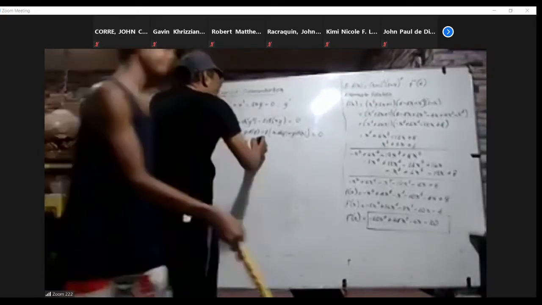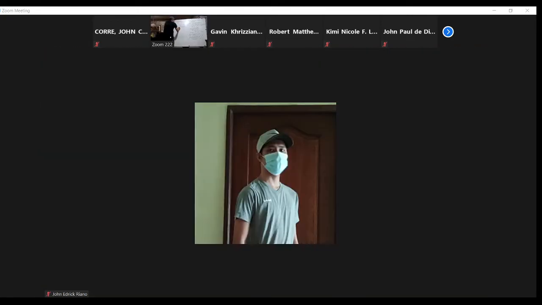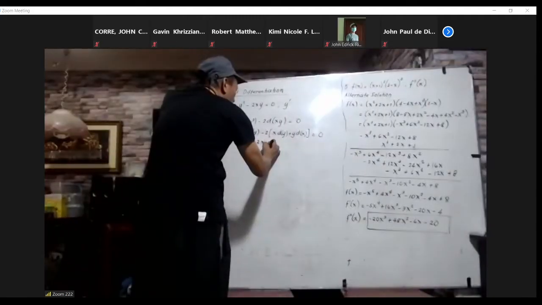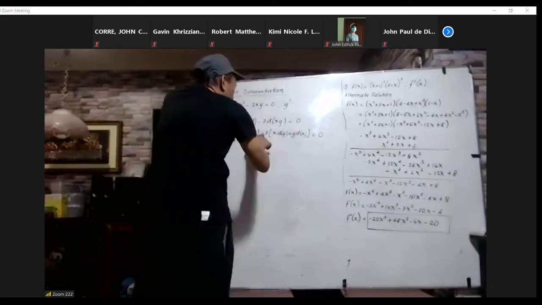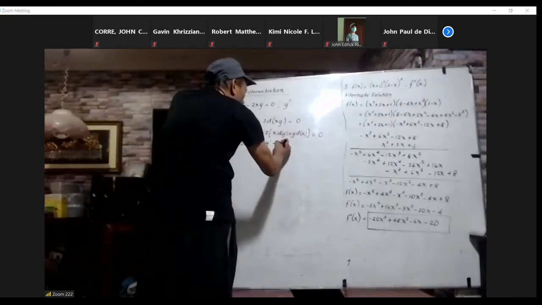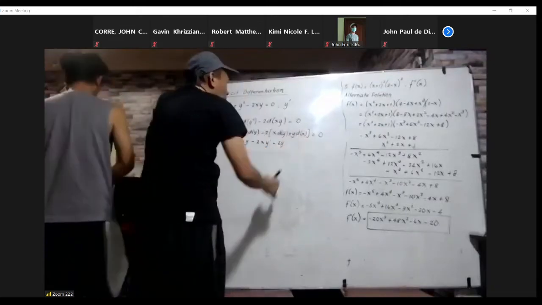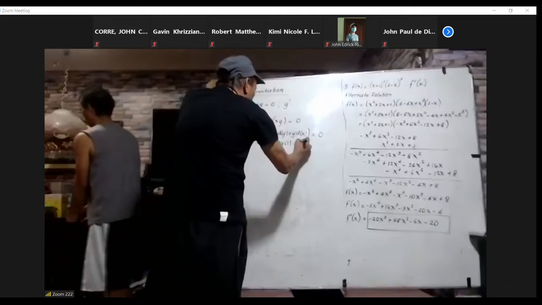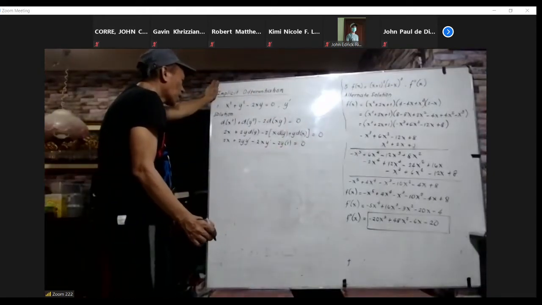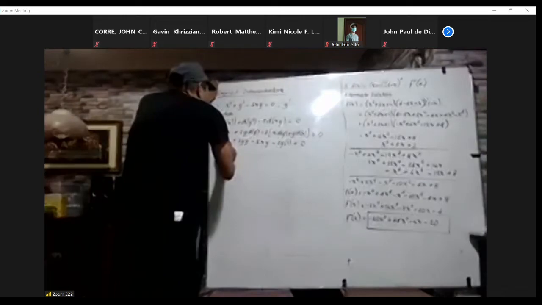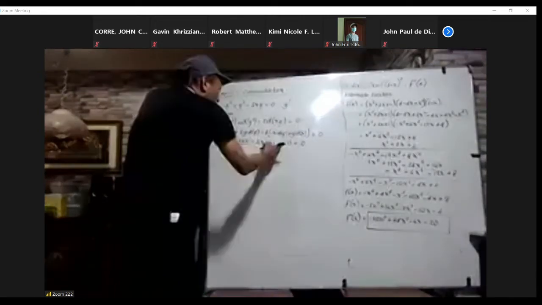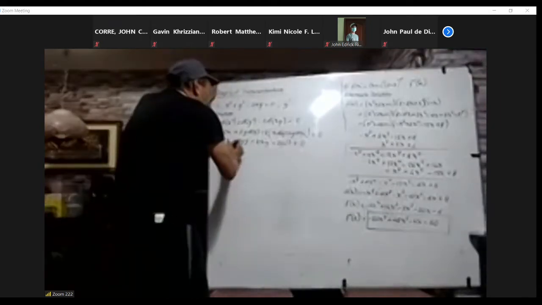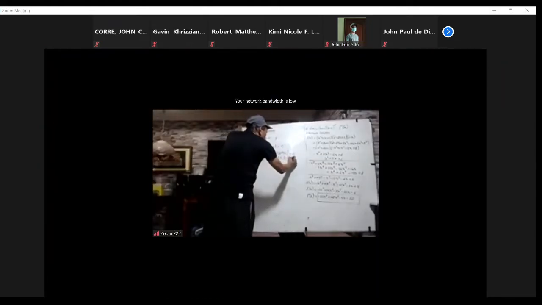Then minus 2 times x, derivative ng y is y prime again, plus negative 2 times y, negative 2y. Derivative of x with respect to x is 1. Equals 0. So therefore, pagsamahin natin yung may mga derivative. Makikita natin ang factor niya ay puro 2, so pwede natin i-divide both sides by 2.